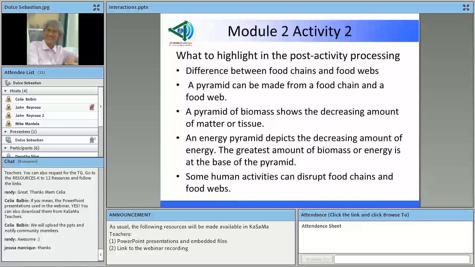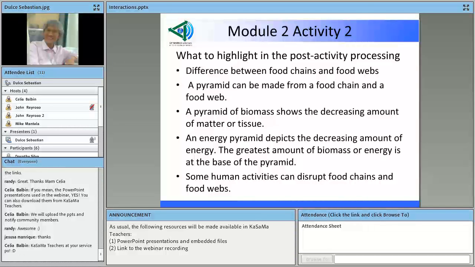They will have an experience in making these when they do this activity. In the later part of the module, there is a discussion on human activities that can disrupt food chains and food webs.